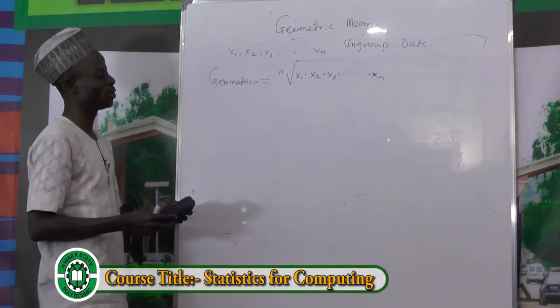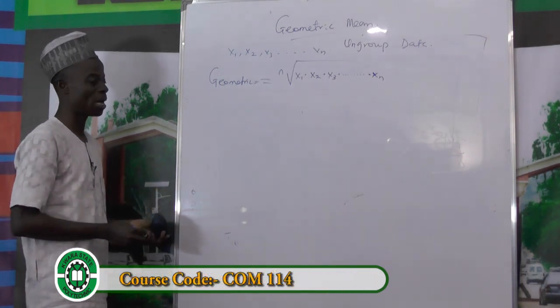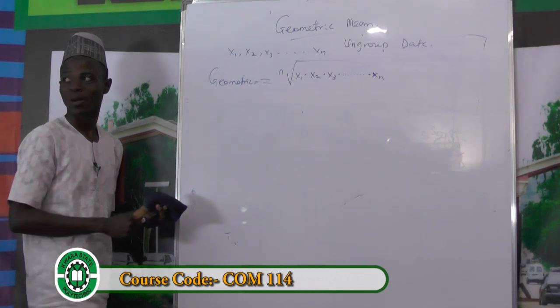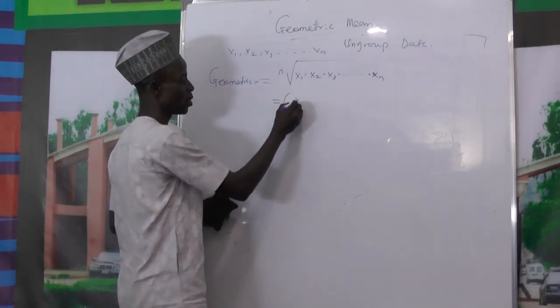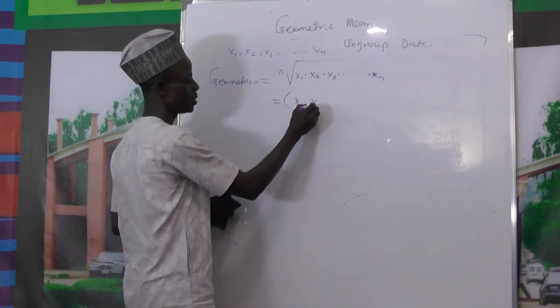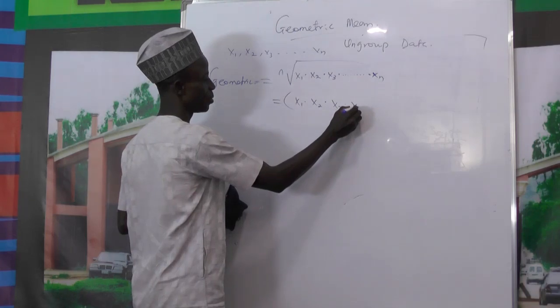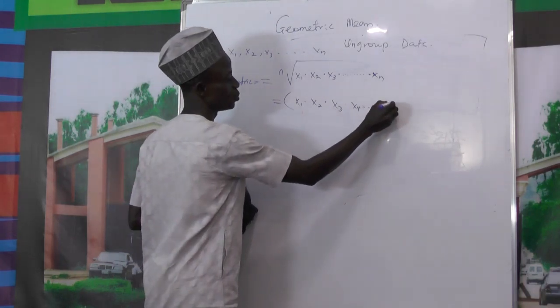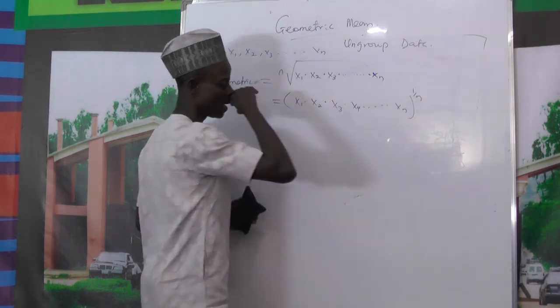So when we are having ungrouped data, this is the formula to generate our nth root. So this can also be written as your x1 multiplied by x2 multiplied by x3 multiplied by x4 up to xn in power of 1 all over n.